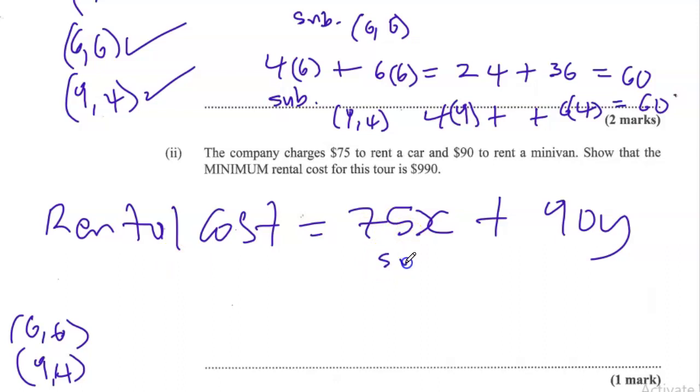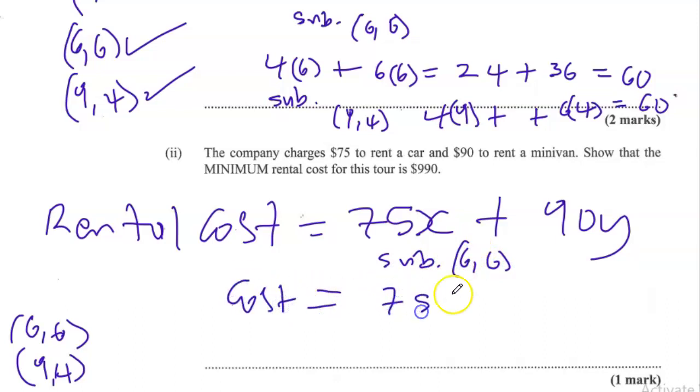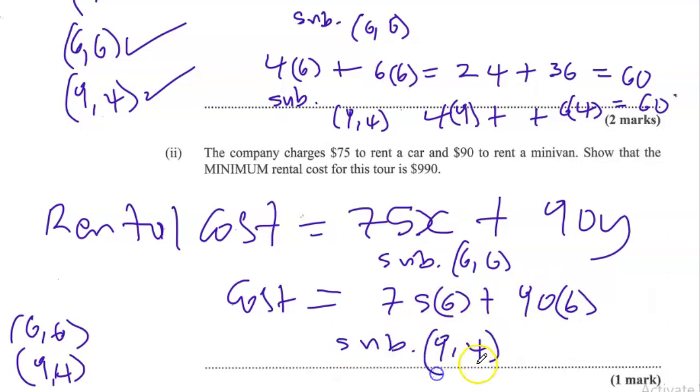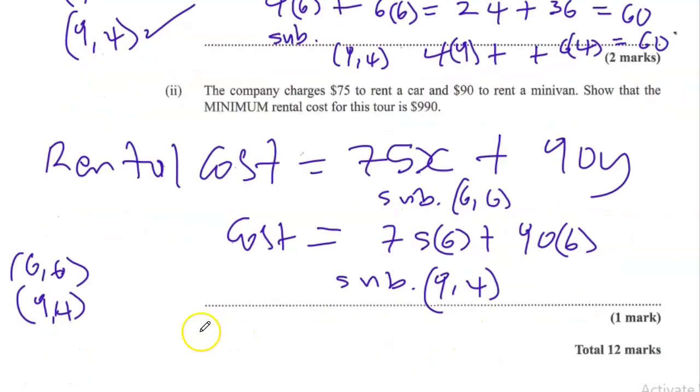Let's substitute 6, 6. If we substitute 6, 6, the rental cost would be 75 times 6 plus 90 times 6. And if you substitute 9, 4, the rental cost would be 75 times 9 plus 90 times 4.